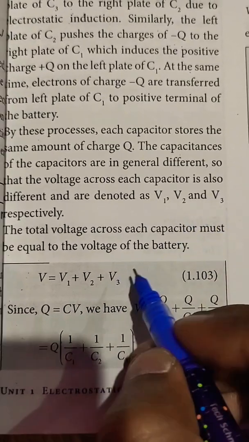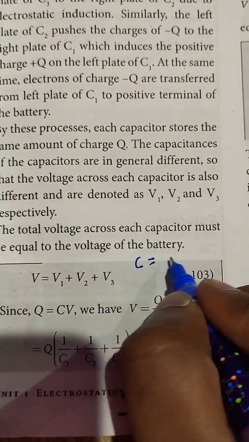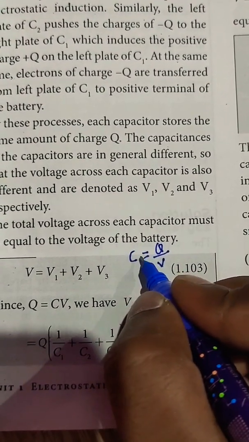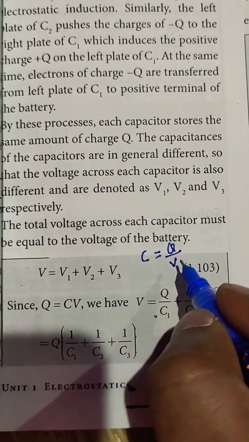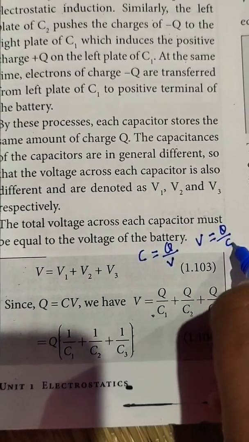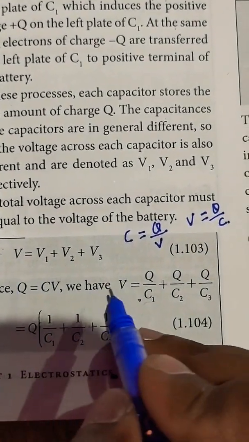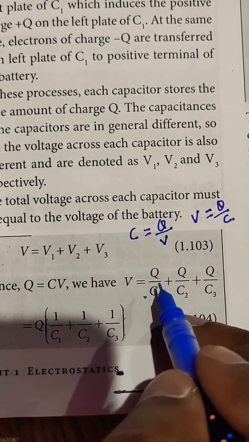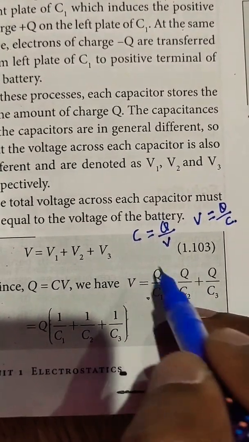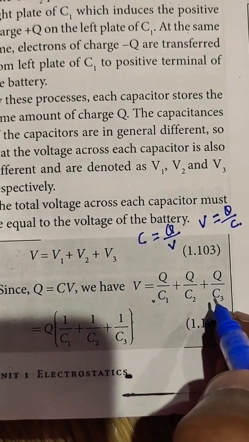Since we know the capacitance formula C equal to Q by V, we need the value of V. So V equal to Q by C. We can write V1 equal to Q by C1, V2 equal to Q by C2, and V3 equal to Q by C3.